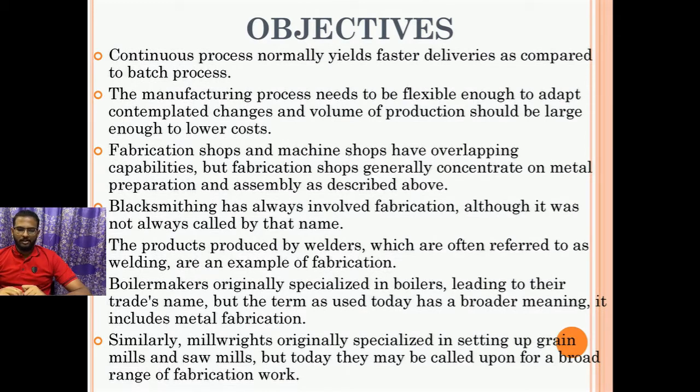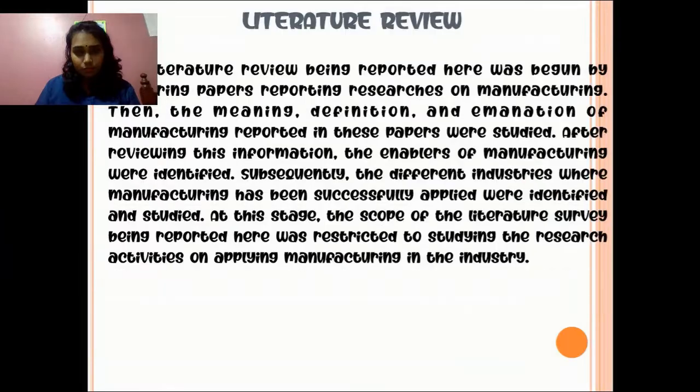The next one is the product produced by welders, which are often referred to as weldments, are an example of fabrication. Furthermore, similarly, millwrights originally specialized in setting up grain mills and sawmills, but today they may be called upon for a broad range of fabrication work.